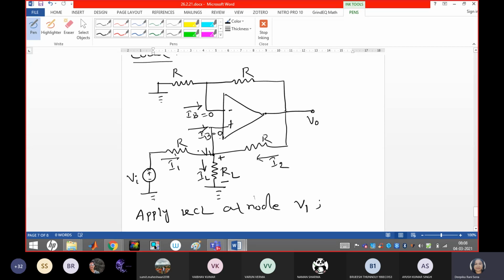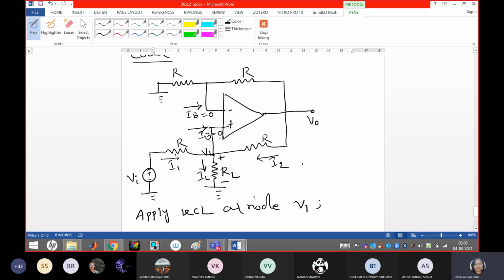What is the input towards the op-amp, whether it is Vi or V1, guys? Still sleeping?